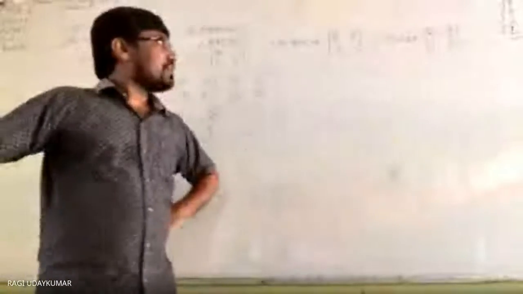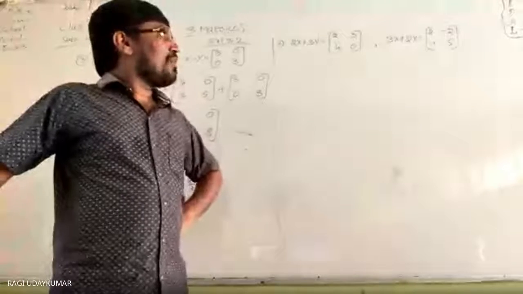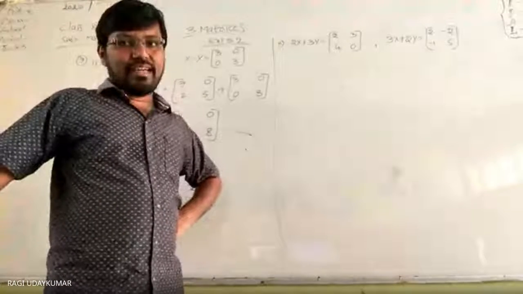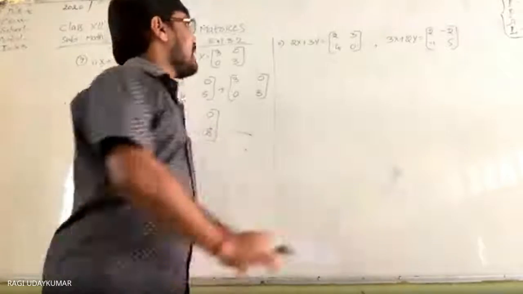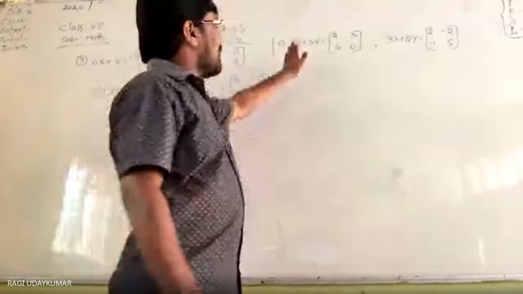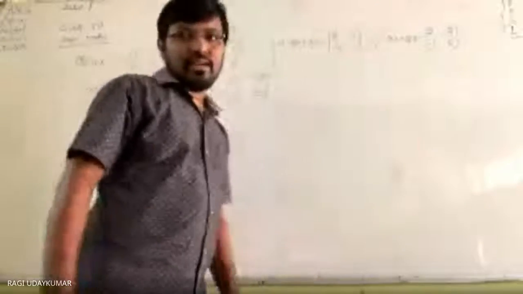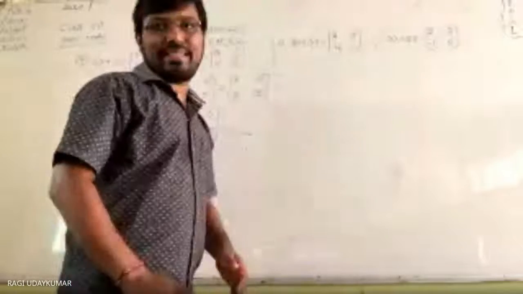So how do we find out the x value from this x and y? This may be difficult for you. Suppose you make either the x coefficient or the y coefficient equal in both the matrix equations. This is called a matrix equation.